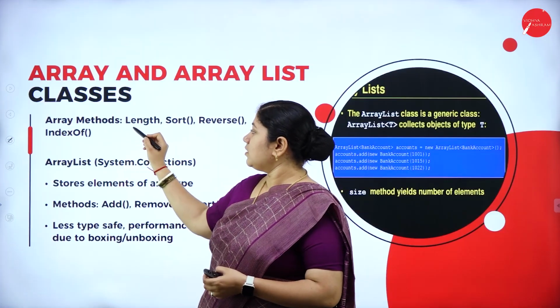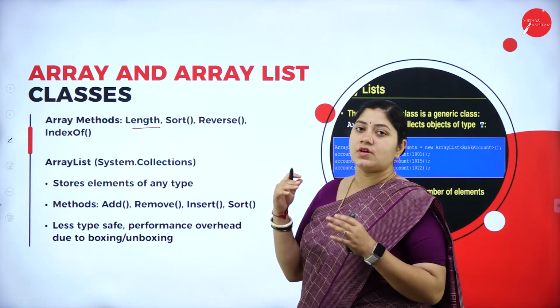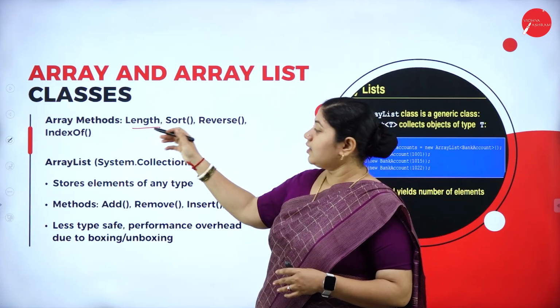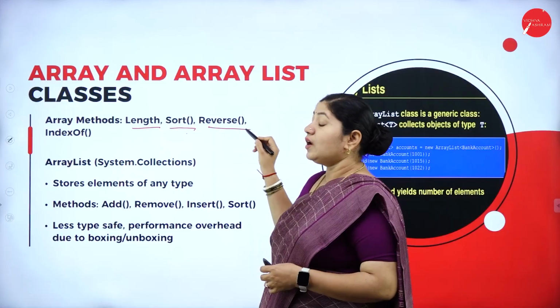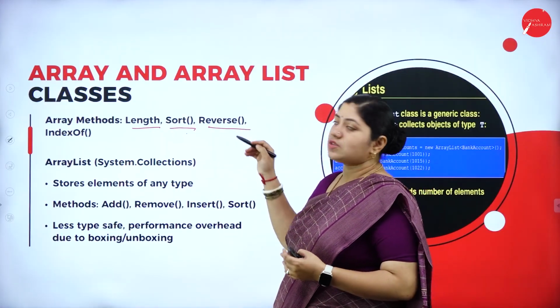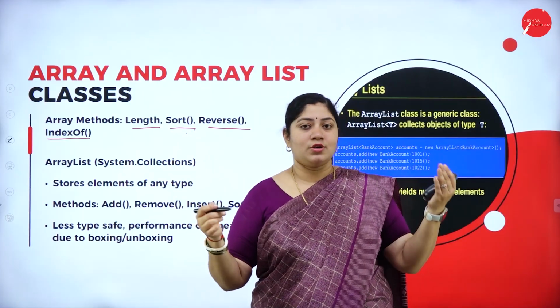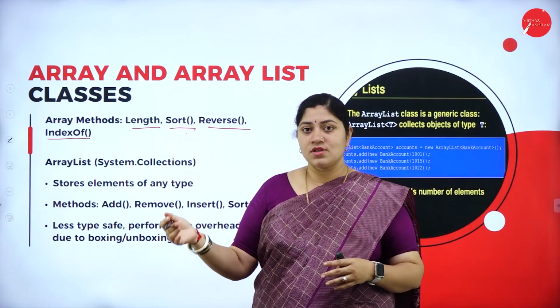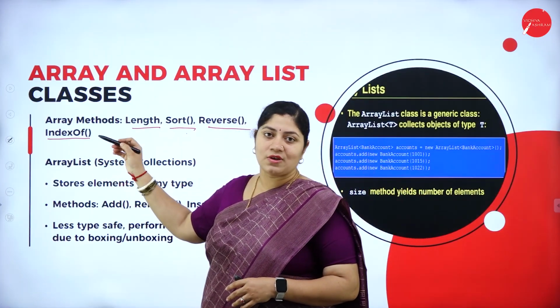For example, if I want the length, I can go with length, and if I want to sort the array, I can go with this keyword. If I want to reverse my input or the data, I can use this keyword. And if I want to change my values from 0 to say 2, it has to be indexed, so this index of keyword can be utilized.